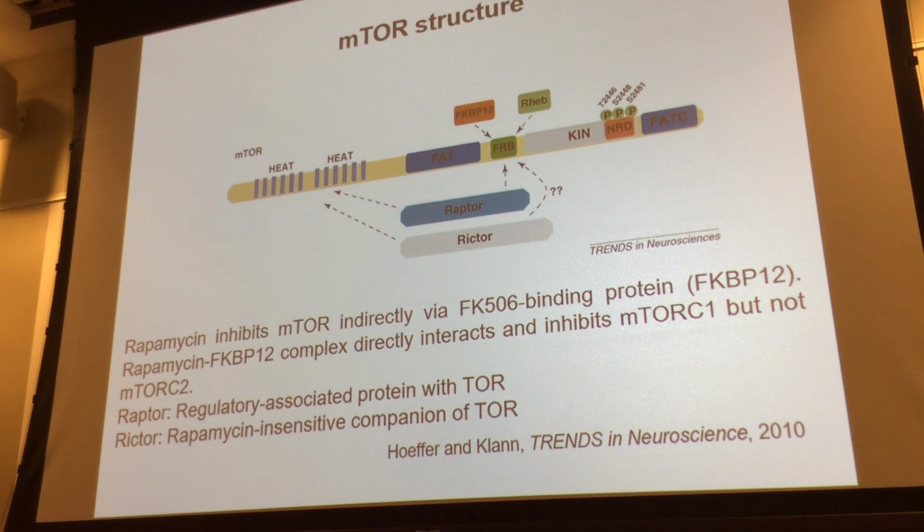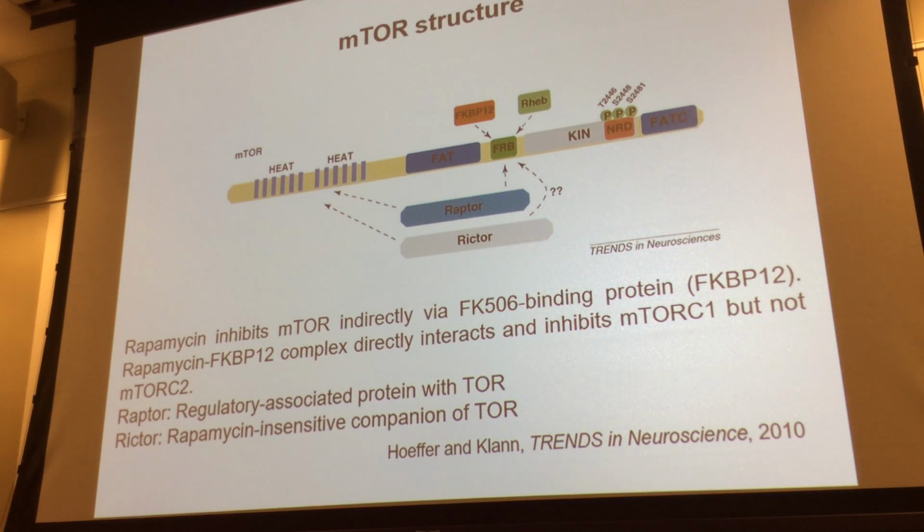Now again, I don't want to go into all the details. Of course, you can read the review papers, you can read the articles to see what all of this means. But I want to emphasize a few points. So the first point to pay attention to is the FRB.